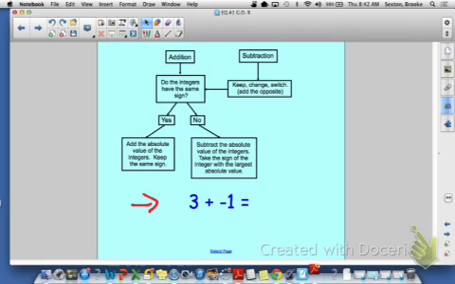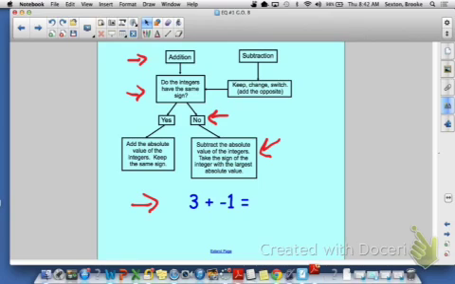Well, since it's addition, I'll probably start at the top where it says addition, and I'll follow my arrow to the next box. I have to ask myself, do the integers have the same sign? Well, if I start at 3, 3 is positive. If I start at negative 1, that's negative. They don't have the same sign. 1 is positive, 1's negative. So the answer is no.